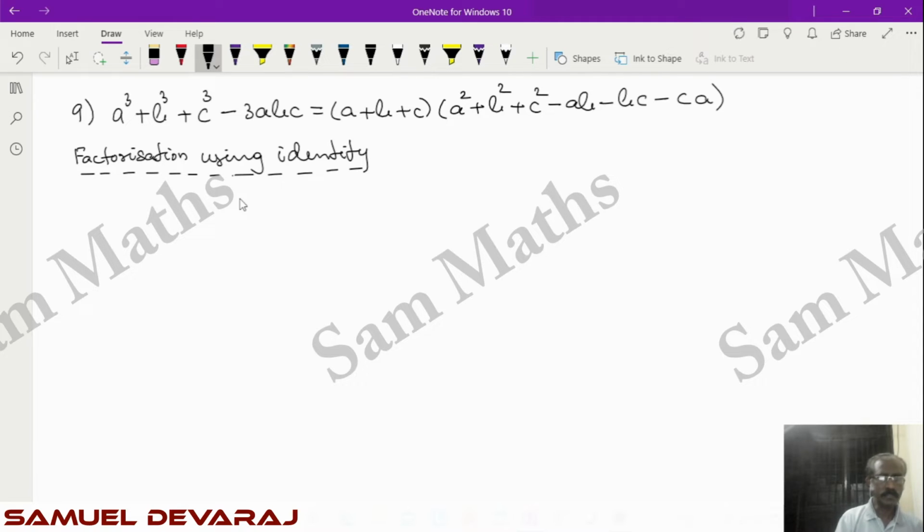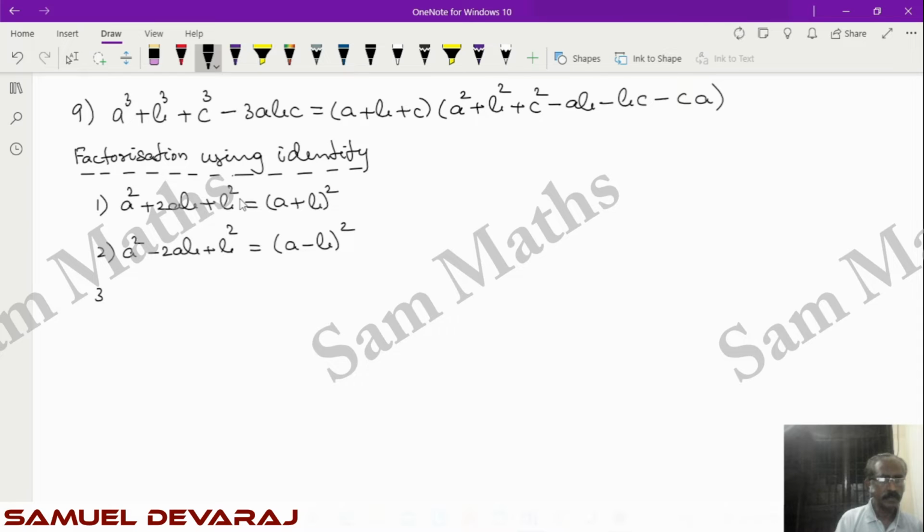See here, the same formulas we are going to use for this. If it is in the form a² + 2ab + b², it equals (a + b)². Second one, a² − 2ab + b² equals (a − b)².